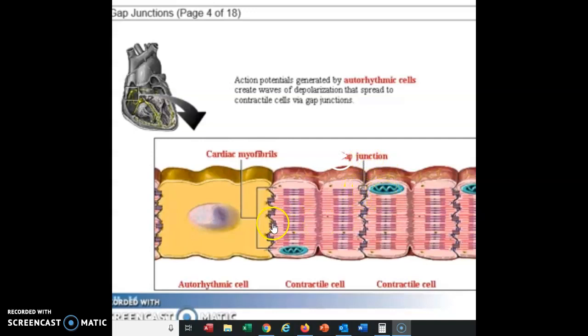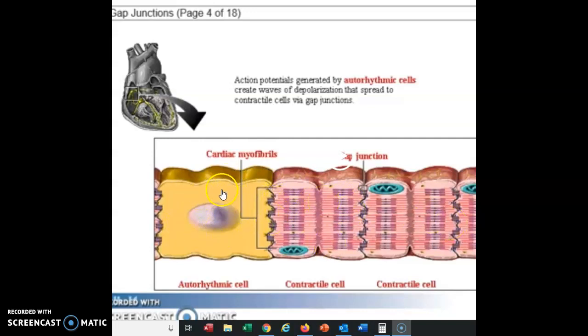So notice here, everywhere where we have a cell connecting to another cell, we have gap junctions, because whatever happens in this cell is going to affect whatever is attached to it, because the ions, which are affecting the depolarization and repolarization, are also going to be spread from one cell to the other through the gap junctions.